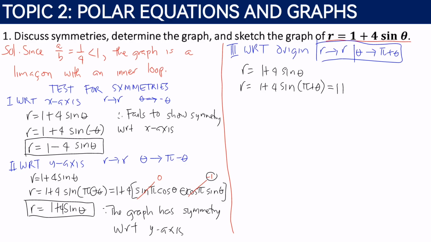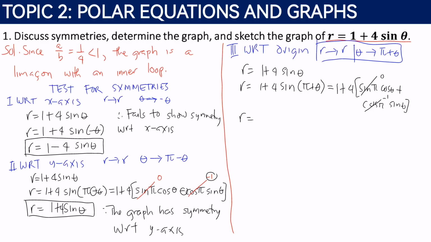And then sine of a sum, we have sine pi cosine theta, it's plus, so I'll have a plus cosine pi sine of theta. This is 0. This is negative 1.